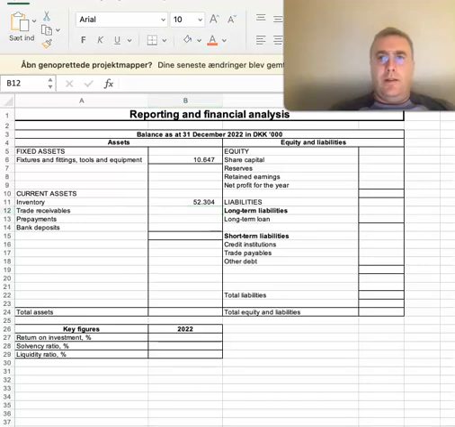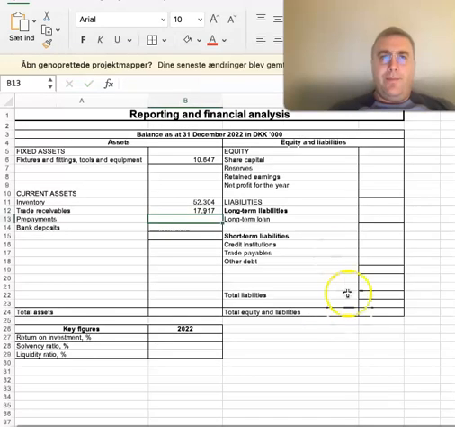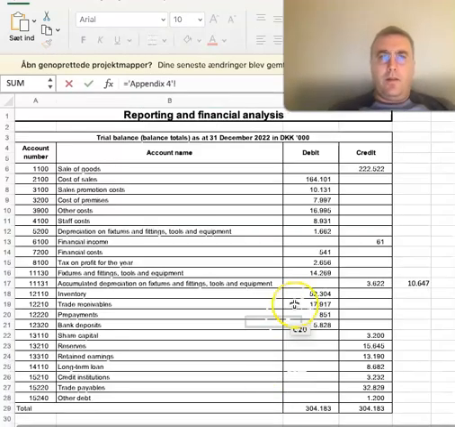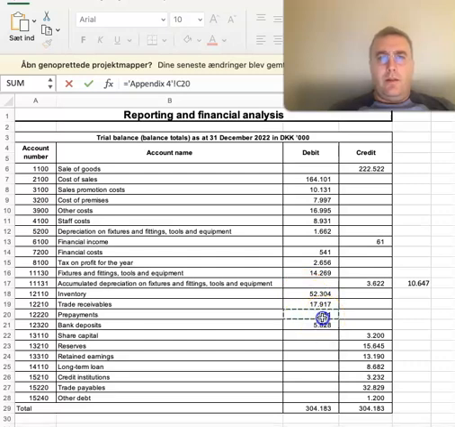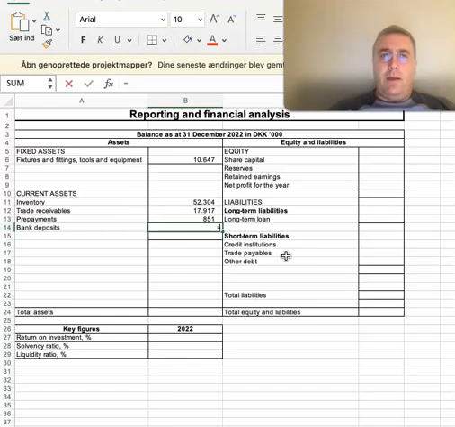Next we have trade receivables, which is also pretty straightforward. And then we have prepayments, and bank deposits.